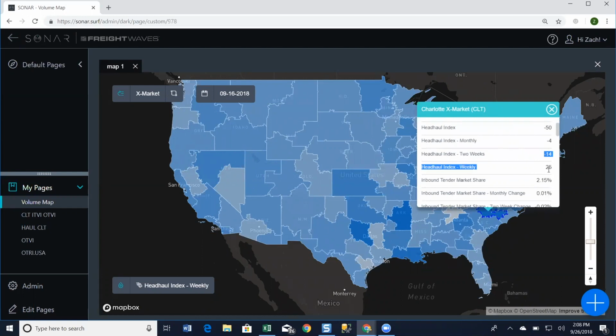When you have a 25-point jump in the head haul index value, that's a pretty big jump. But I'm also looking at this 2-week value to add more weight to how important this 25 is. I see 2 weeks ago it was actually 14 points lower, sitting at 64. And then a month below that, it was sitting at 54. So we've had this big hiccup.